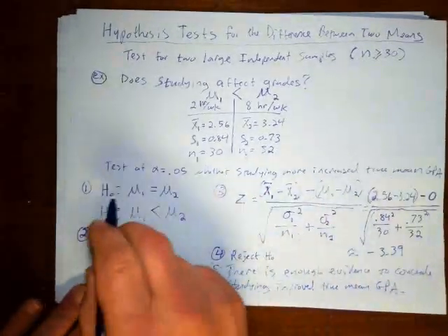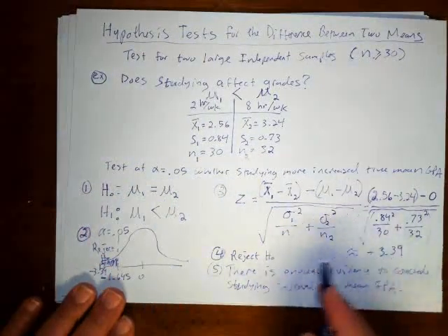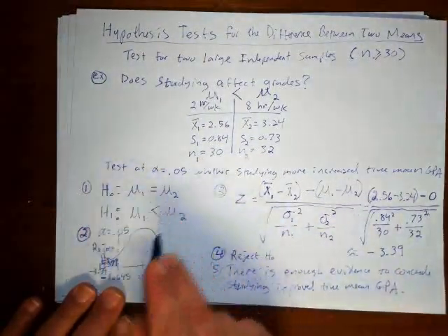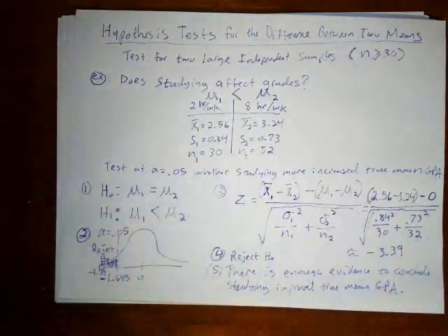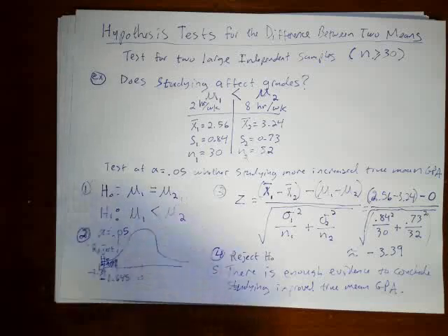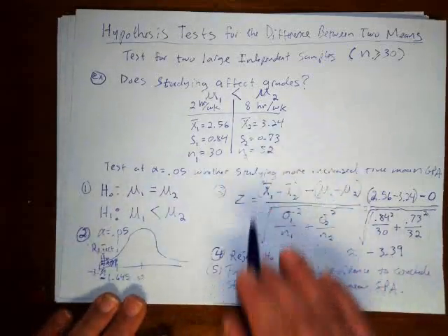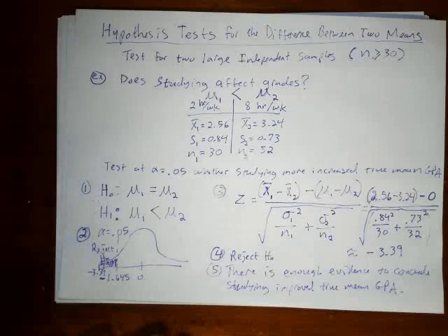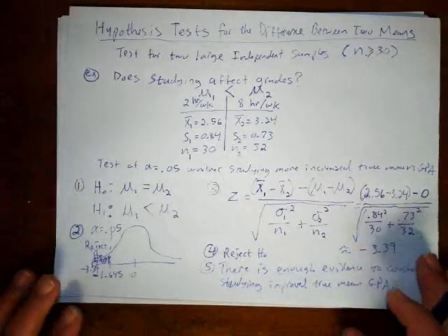So you have to have enough evidence to reject H naught in order to conclude the result of the experiment that you would like to show. And in this case, that is that studying did improve the true mean GPA.